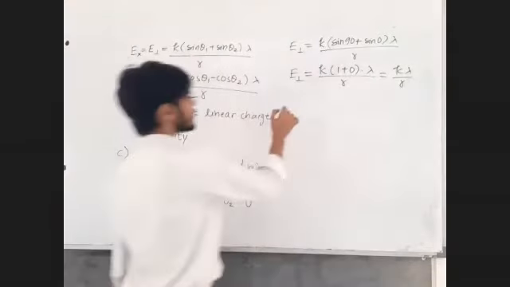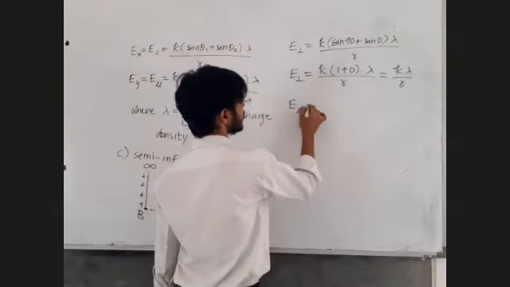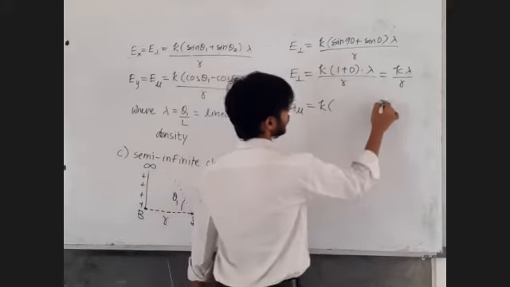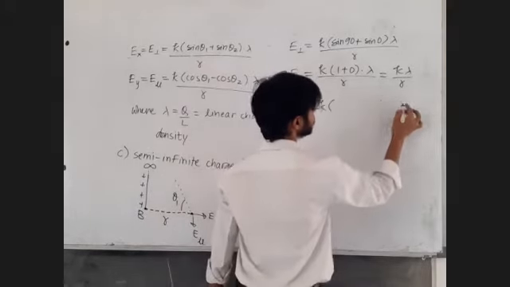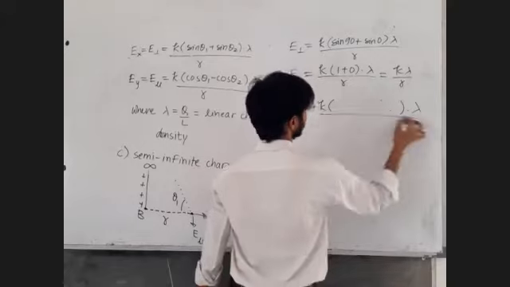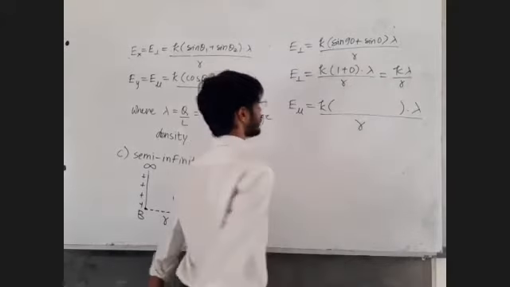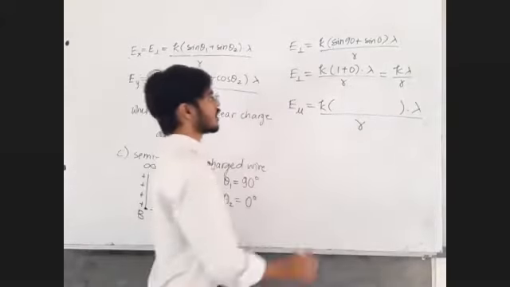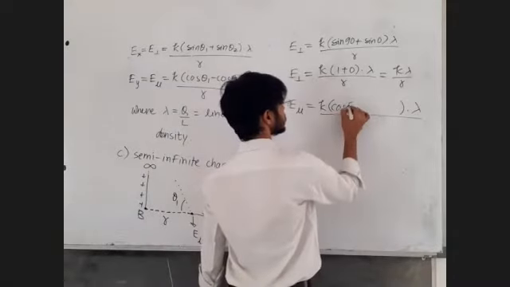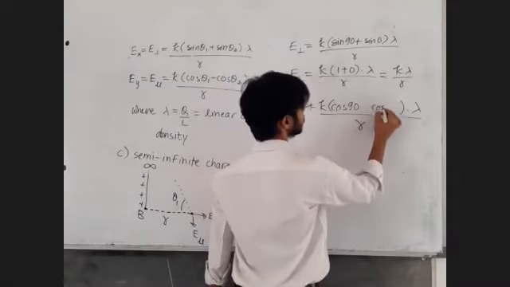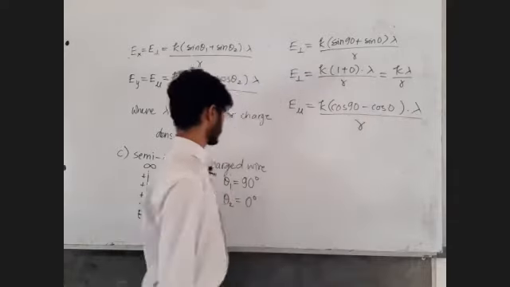What is E parallel? K into some value into lambda upon R. The value is cos 0 minus cos 90.